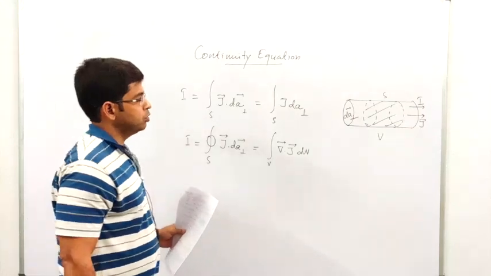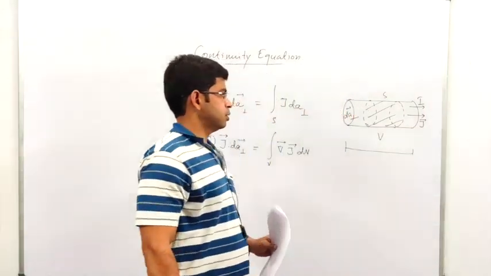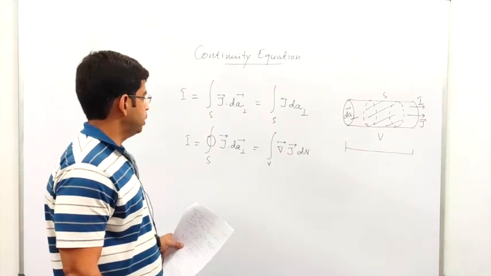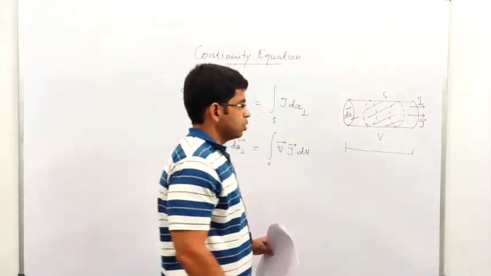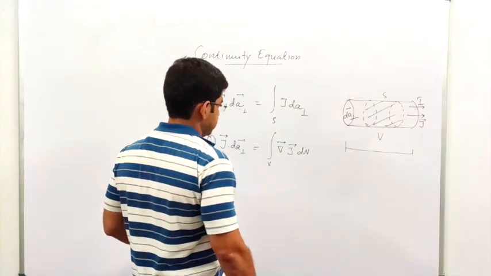Now if we consider that this conductor is an isolated system, then the flow of this current out of this shaded region will create a depletion of charge carriers within this region.